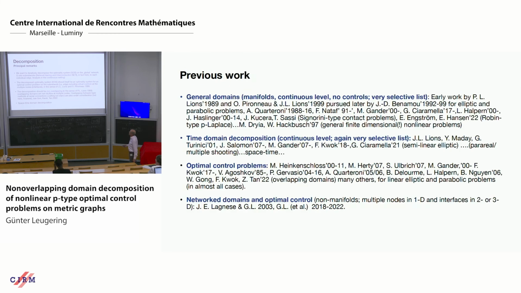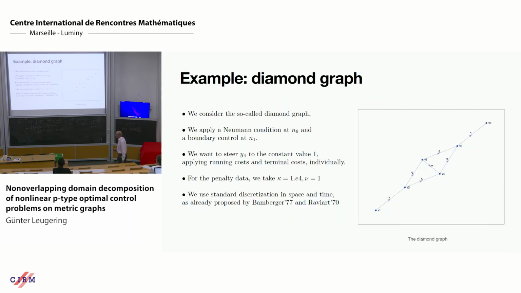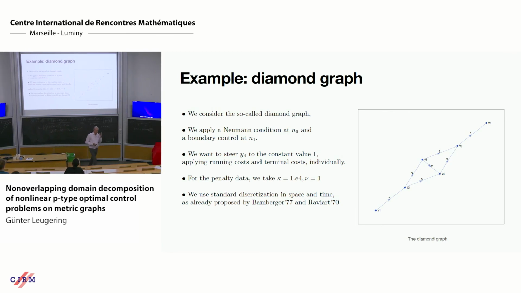Okay, so let me say a few words, and I will not be able to finish here, and it's not important to finish here because it's more important that you understand where the problems are and what you do. So my point of view is, if I want to do a domain decomposition, I want to do it in such a way that, as was also mentioned, I think by Felix, it is desirable to have a domain decomposition of the optimality system such that the decomposed system is itself an optimality system.